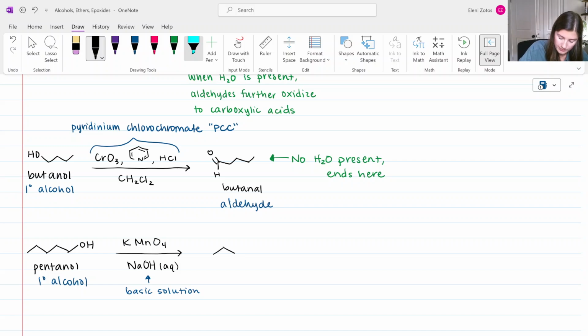So we have 5 carbons. The carbon to oxygen bond is now a double bond to an oxygen. And then we have a bond from that carbon to a negatively charged oxygen. So this is the carboxylate anion.